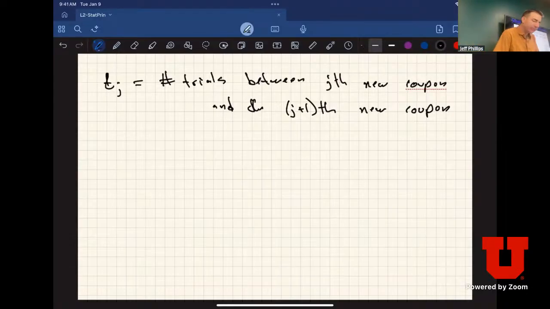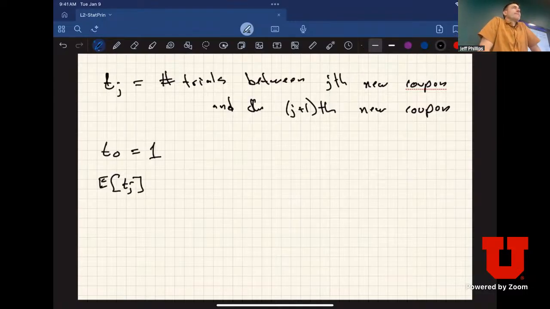Okay, so T0 is always going to equal 1 here, because that's between the 0th and the first new coupon. Every time I get something, it's new. I haven't seen anything else before. In general, what is the expected value of Tj? It's roughly 1 over something, and it actually depends on j. That's the clever way of writing this up.